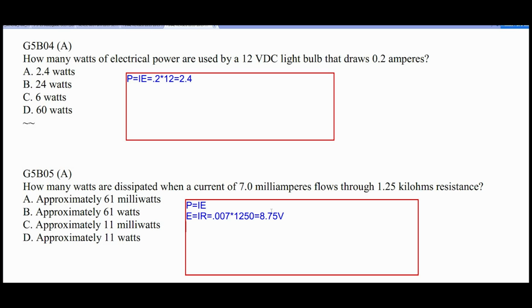So now we know the voltage, so power equals the current, which was 7 milliamps, times 8.75 volts equals, looks like it's going to be 61 something.